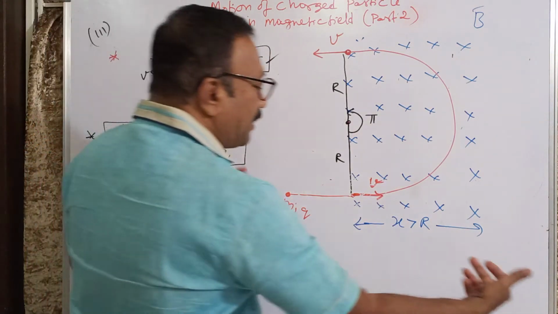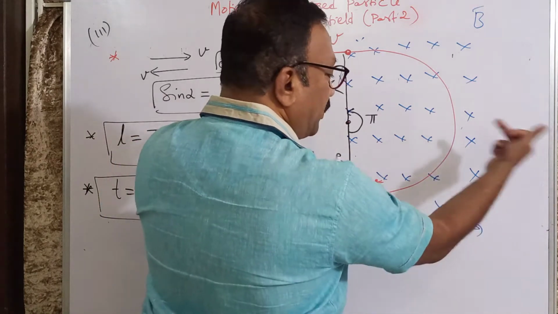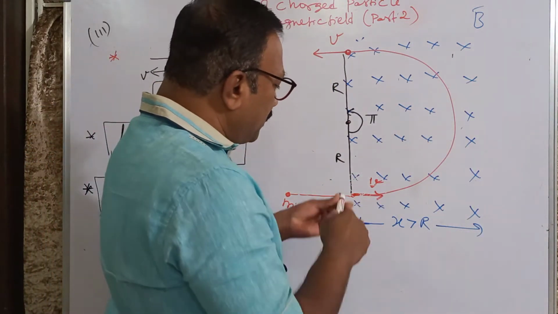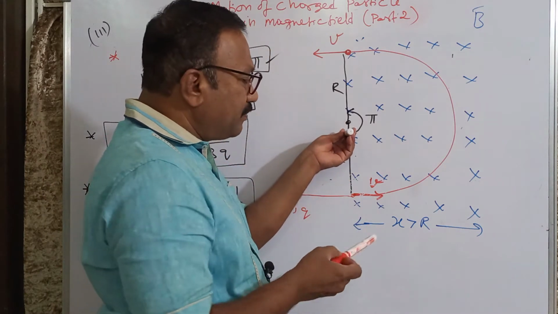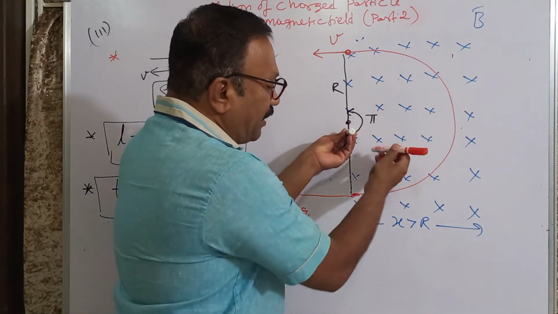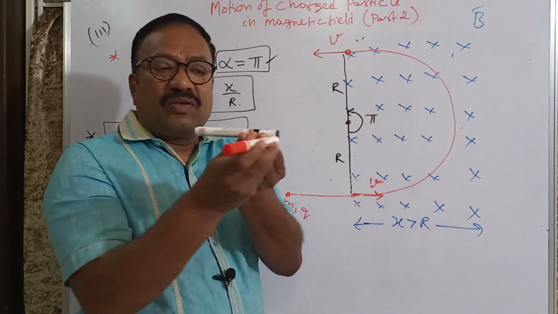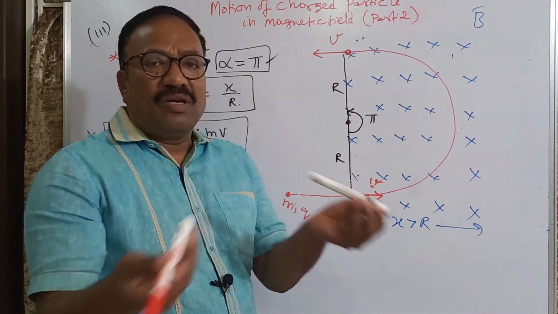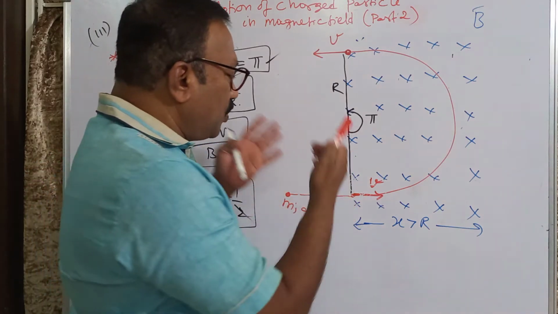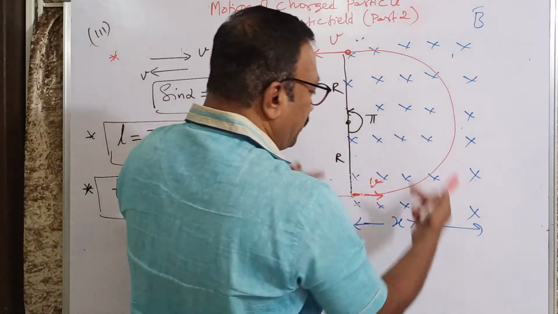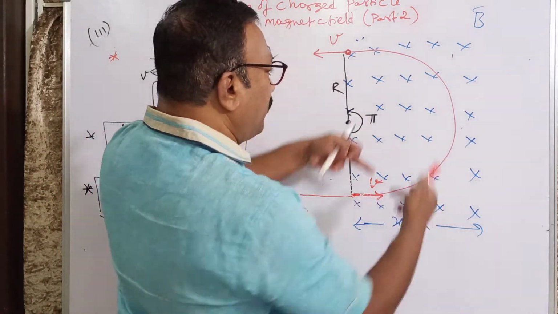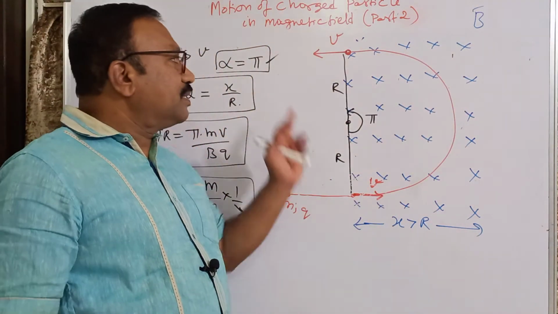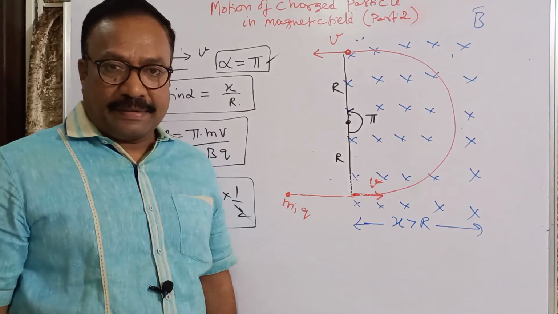As far as the particle is entering on the plane of the board, say this is a magnetic field, and this is the direction of the particle. Let the direction change to anything on the plane of the board, but it's always perpendicular. So whichever direction it enters from, the angle between the velocity and the magnetic field will be 90 degrees.